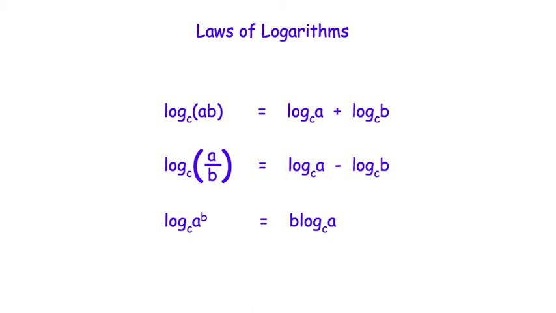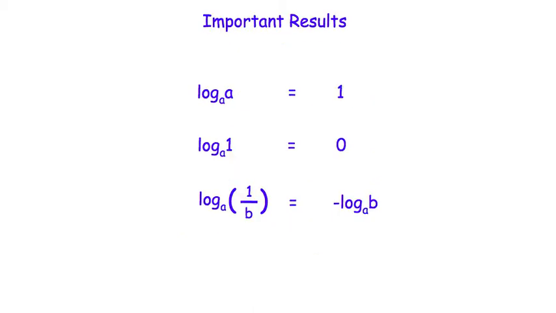Now let's have a look at some important results that fall out of this. First of all, the log of a to the base a is 1 because a to the power 1 is a. Even more important perhaps, the log of 1 to any base is 0 because a to the power 0 gives you 1 regardless of what positive number a happens to be.